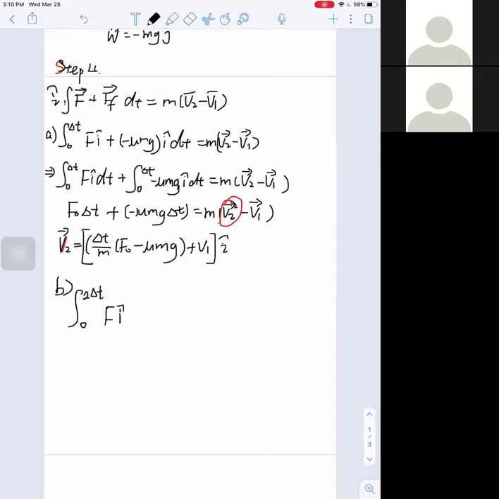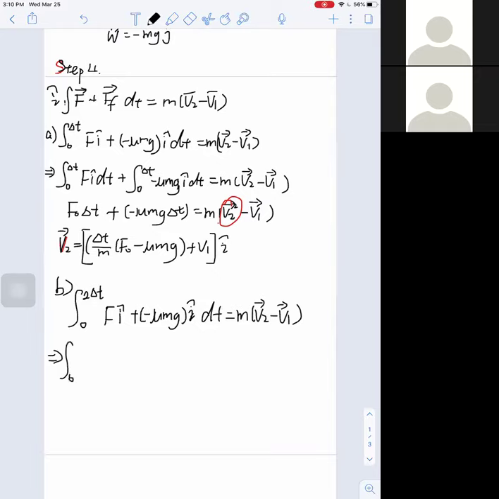The integral of F i plus negative mu mg i dt equals m v2 minus v1. Is that right? So the only thing changed there is this 2 delta t here. Okay, and we can do the same thing. We can break this integral into two parts.